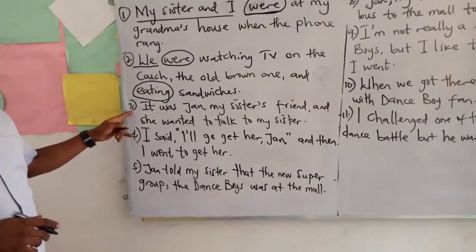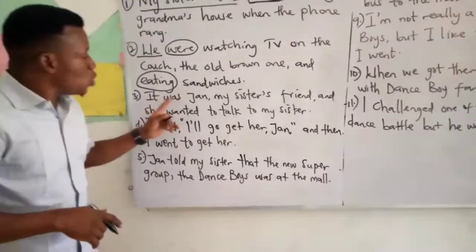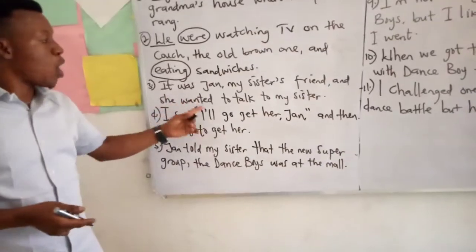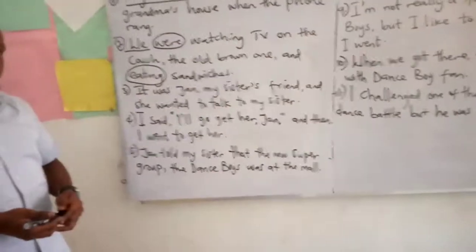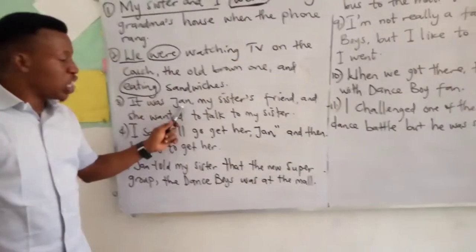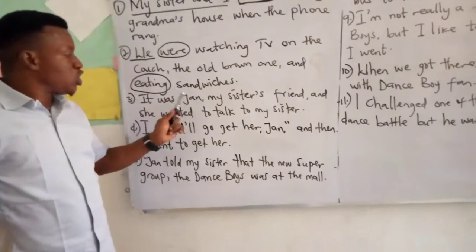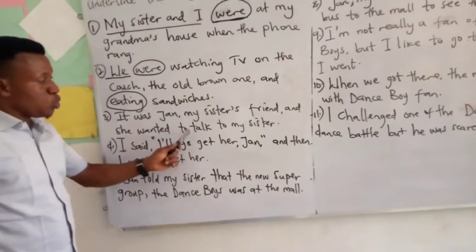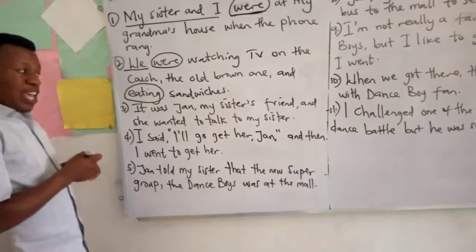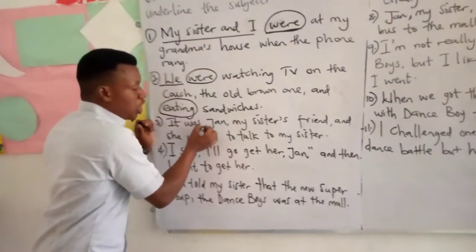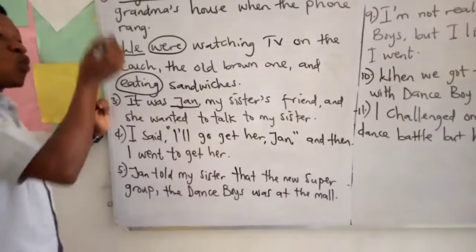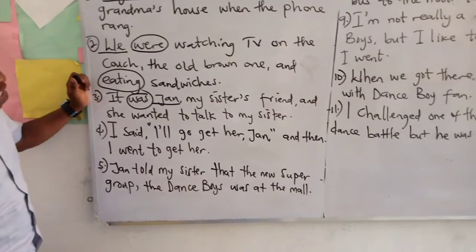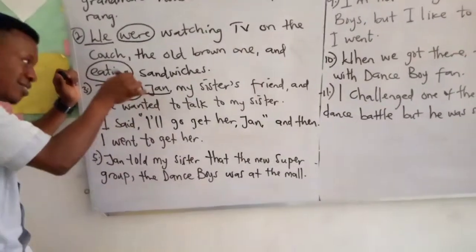Now, for number three. It was Jan, my sister's friend, and she wanted to talk to my sister. It was who? Jan, subject. It was, predicate. Jan, my sister's friend, and she, still the person.